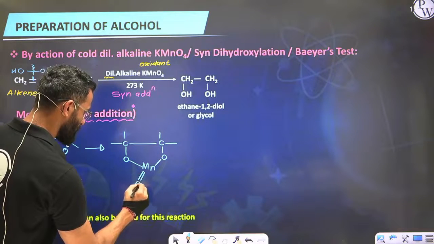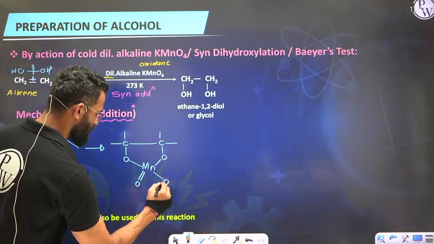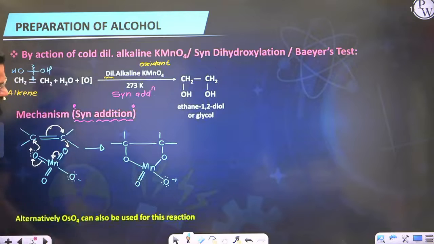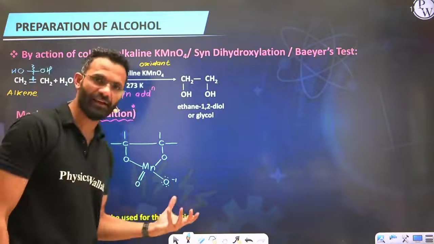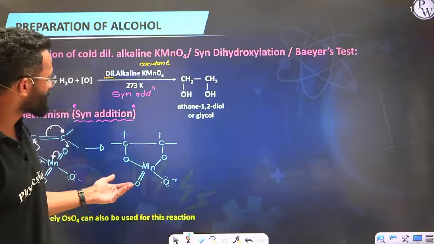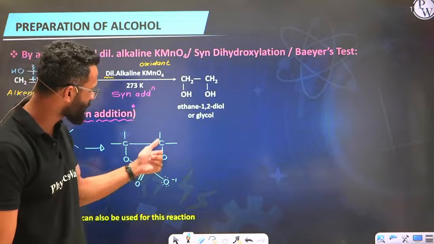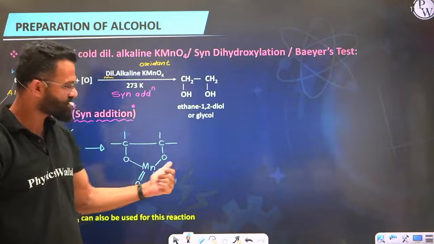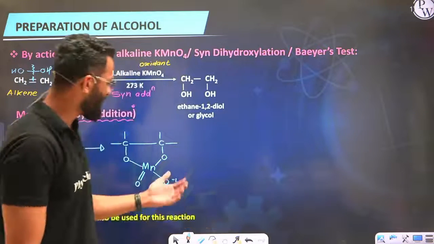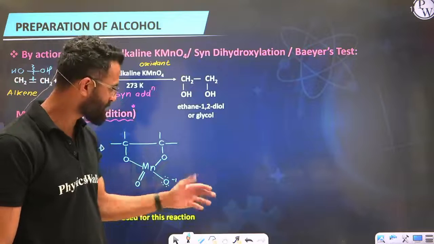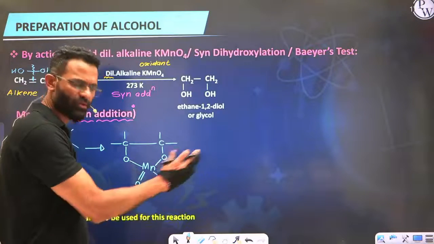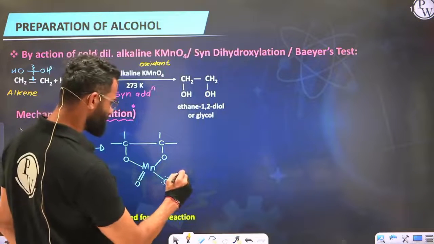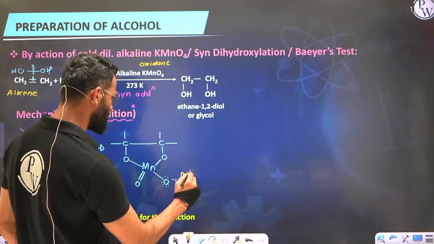There is a double bond O and single bond O minus. That's your manganese ester. And now this manganese ester will further undergo breaking of the metal-oxygen bond in presence of water. Well, ideally there is a precise step of mechanism. I will just virtually show it to you, but we don't really have to understand it. So just for the sake, I'm going to show it to you guys. Look, let's say this is the water molecule.